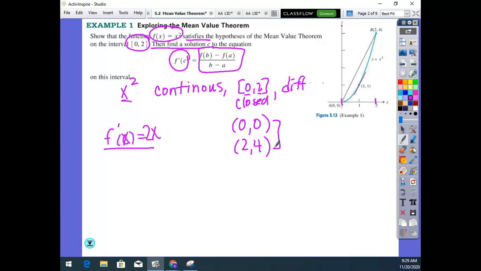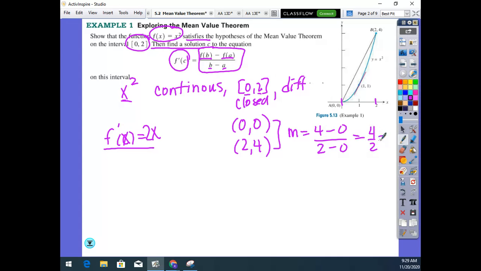How do I find the slope of these 2 points? It is y minus y over x minus x. See, f of b is just my y minus my f of a, my other y, over my x minus x. So my slope equals 4 over 2, which is 2.